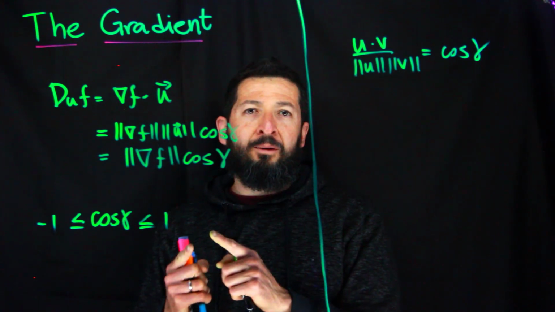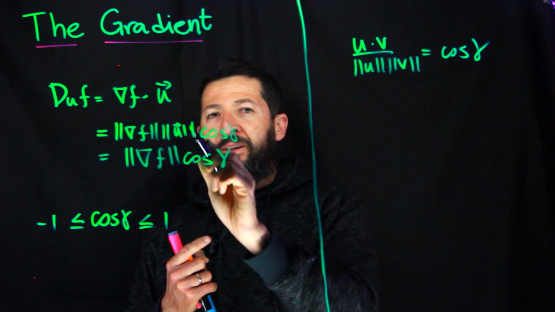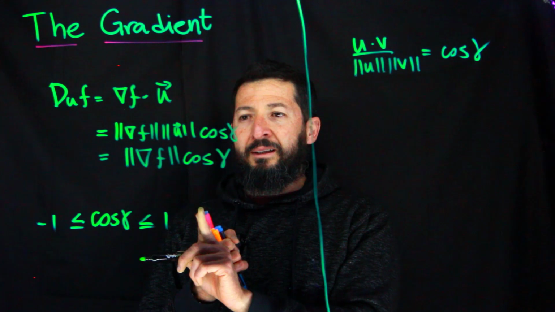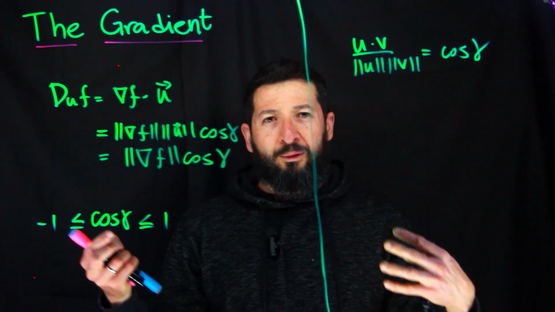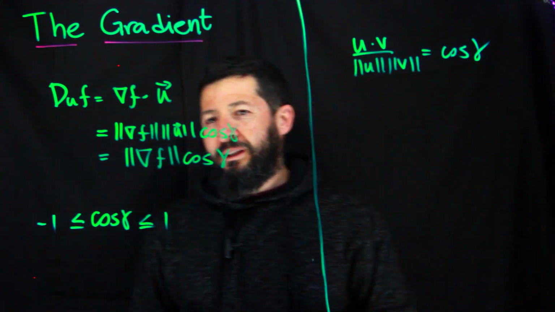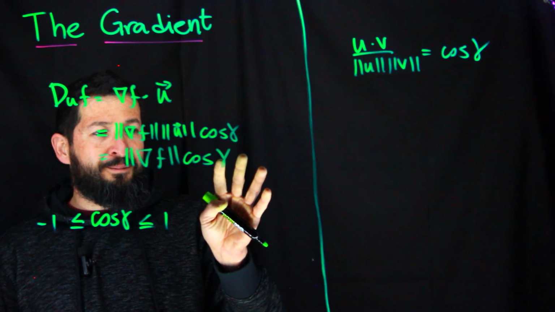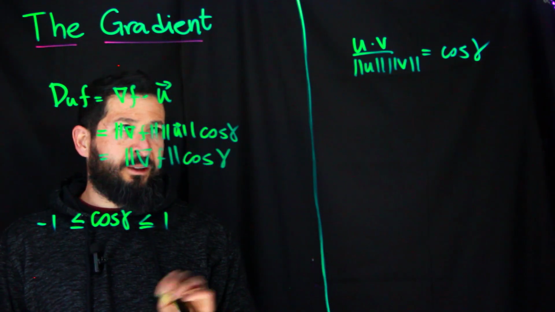That happens when the angle is 0, meaning that the vector u is going in the same direction as the gradient. Of course, you'd have to normalize the gradient to make it a unit vector. But since you're just going in that direction, that tells you that at that point your directional derivative is maximized when you travel in the direction of the gradient.